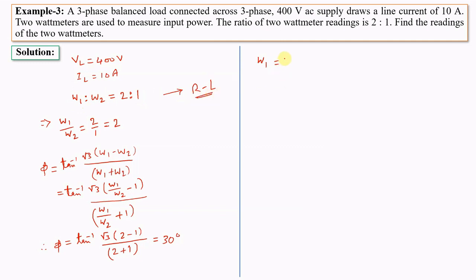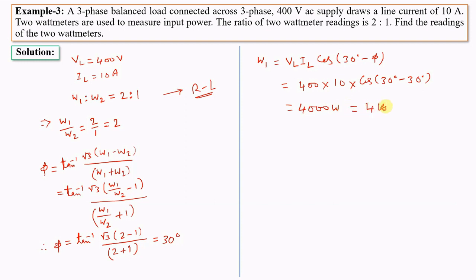And for RL load, the reading of the first wattmeter is given by VL IL cos (30 minus phi), where VL is 400 given in the question, IL is 10, cos (30 minus phi). Phi we have calculated, it is 30. So after solving, we will get the value of W1 as 4000 watt, or it can be written as 4 kilowatt. So this is the reading of the first wattmeter.